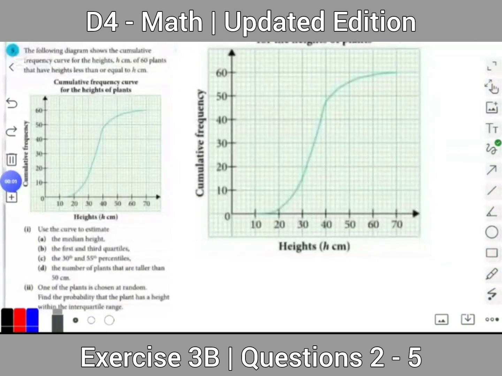Now for question 5, the following diagrams show the cumulative frequency curve for the heights of 60 plants that have heights less than or equal to 8 cm. So in part 1A, use the curve to estimate the median height.